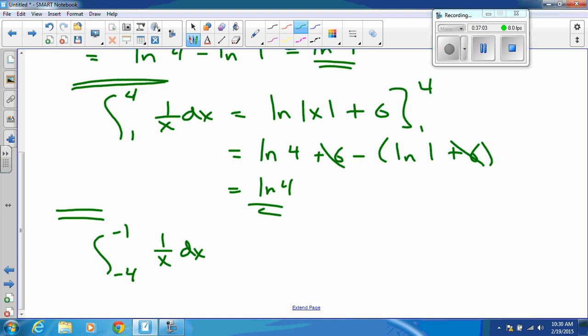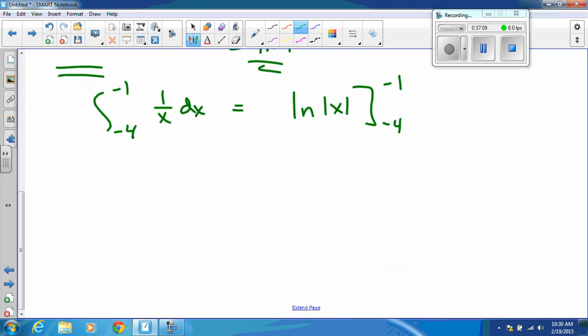Now when I consider the absolute values, what I get is ln 1, the absolute value of -1 being 1, minus ln 4, and I get negative ln 4 as my result. This looks very, very similar to what we had above.